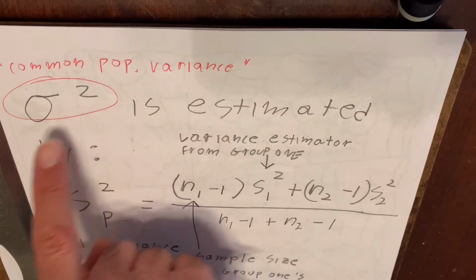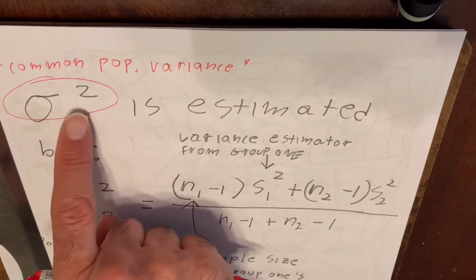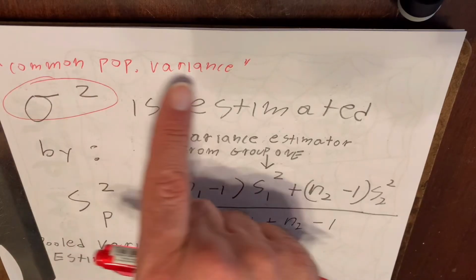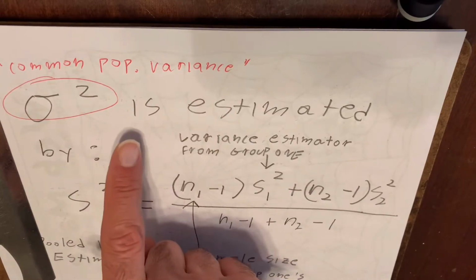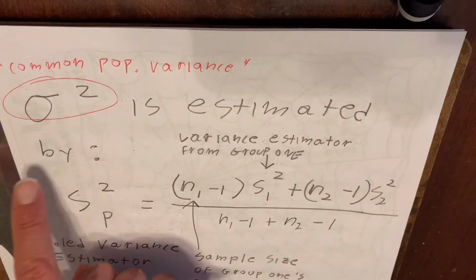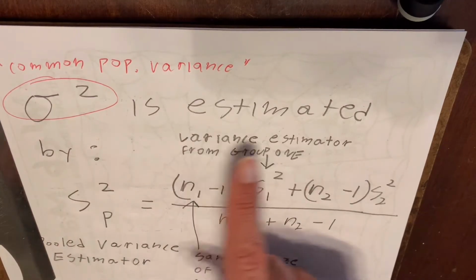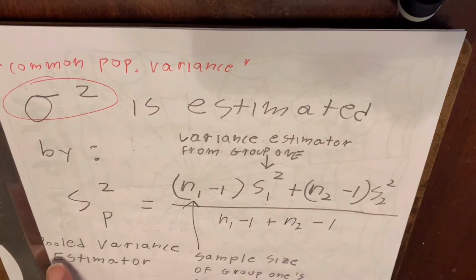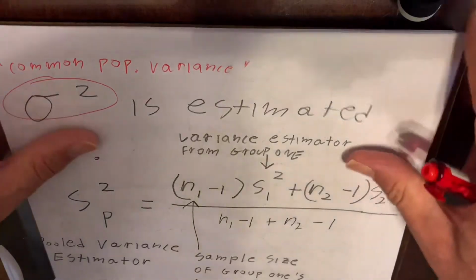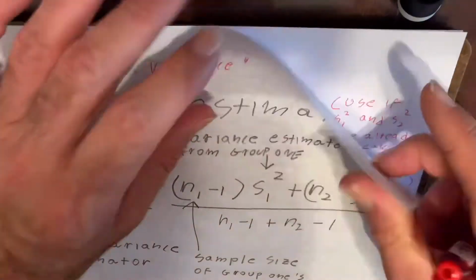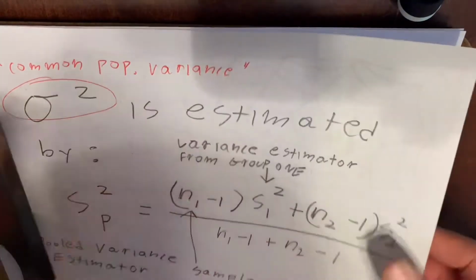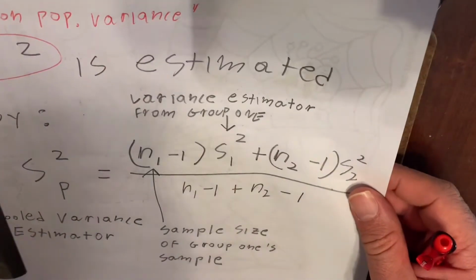And this sigma squared, which is called the common population variance because it's the same in both groups, is estimated by a very interesting estimator, which is called the pooled variance estimator. And what is it? Now, this is why I had you do that warm-up exercise, because without this warm-up exercise, this is going to look like just a group of symbols that will mean nothing to you.